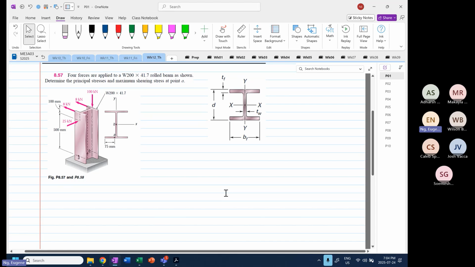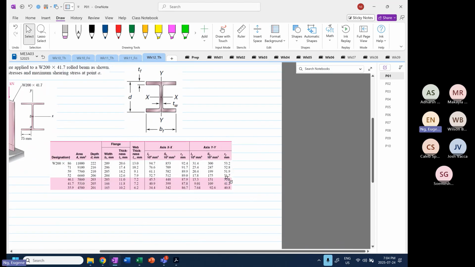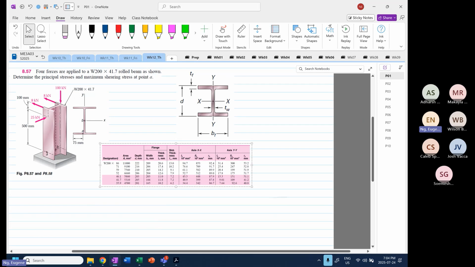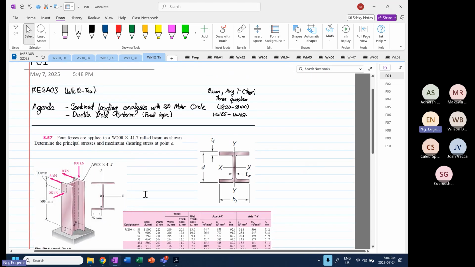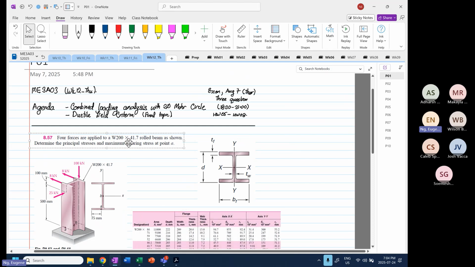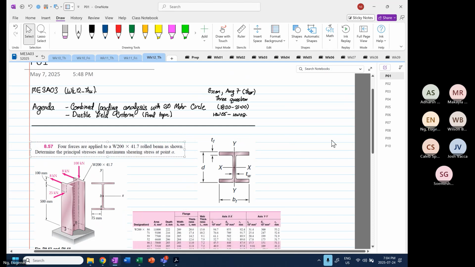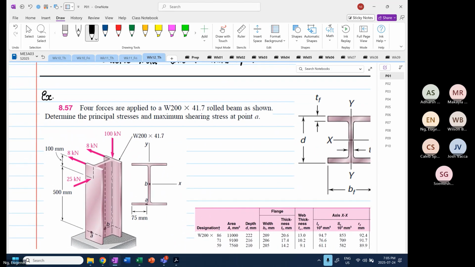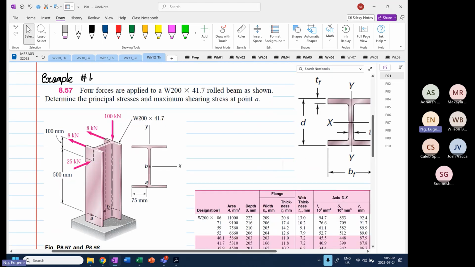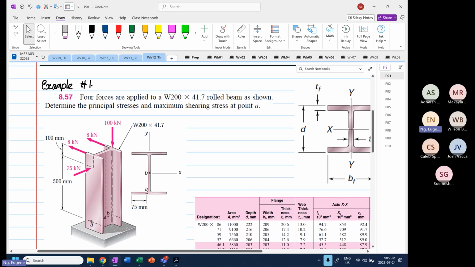Okay, let's look at this problem again. Today we're going to combine shearing stress. I'll write down here what's so unique about this problem. This problem is on Avenue to Learn. It states that we have a beam with 4 applied forces, and the beam used is W200 by 41.7.